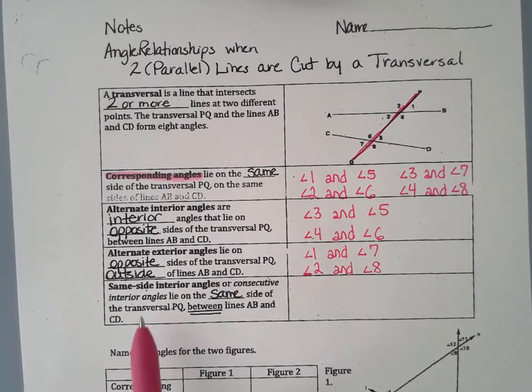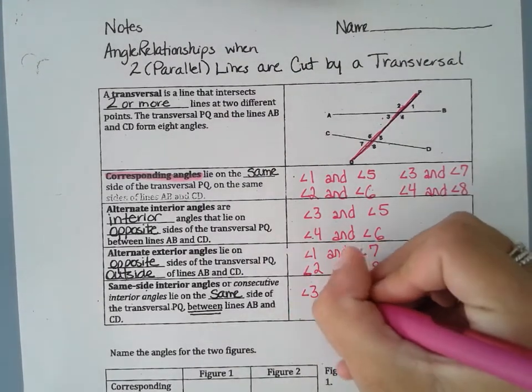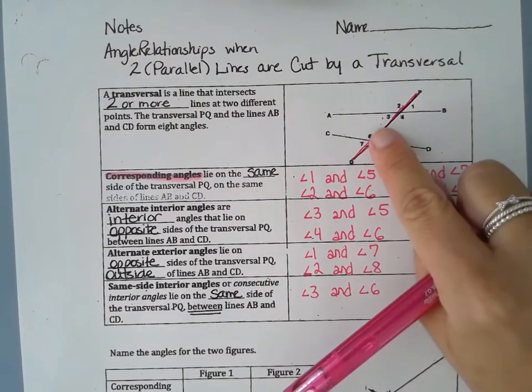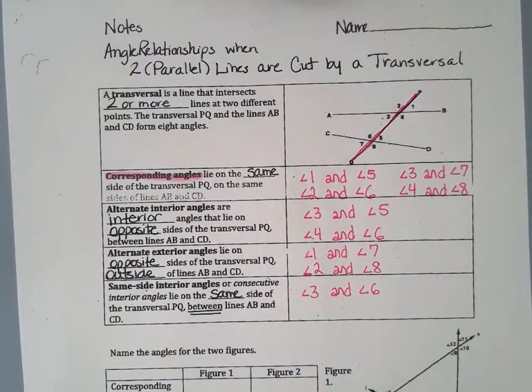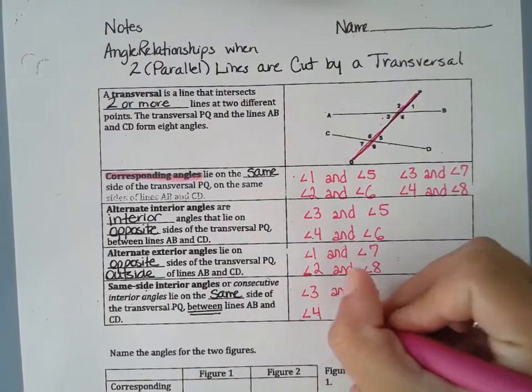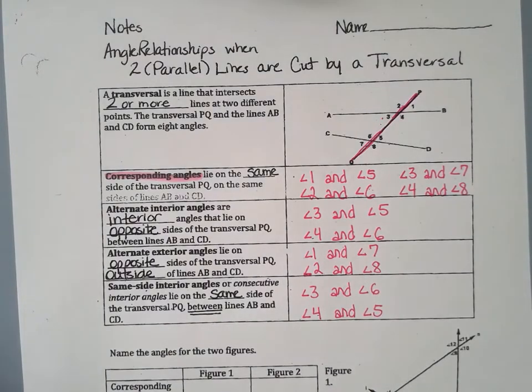Finally, we have same side interior angles, or what you may also see as consecutive interior angles, on the same side of the transversal between the lines. So angle 3 and angle 6 are same side interior, aka consecutive angles, and angle 4 and angle 5 are same side interior angles.